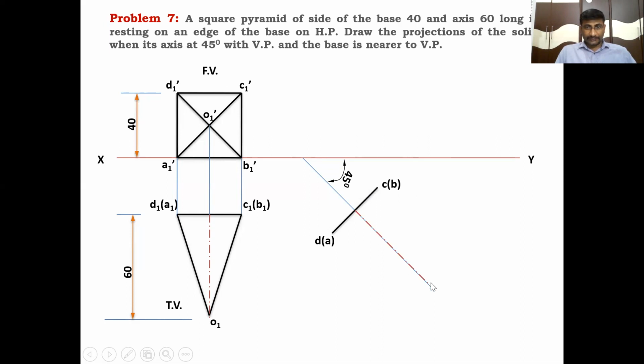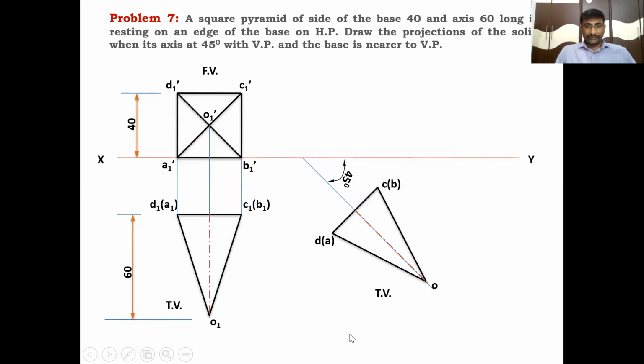This is the axis line. Locate the point O. This distance from the base is equal to 60. Join this O with B of A, D of A, and C of B. So like this, you have to transform this solid into this position, which makes the axis make an angle of 45 degrees with XY. Clear?